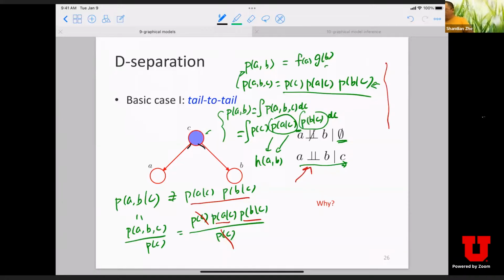From the graph, we can conclude that if we condition on nothing, A and B are dependent. However, if we condition on C, meaning that C is observed, then A and B are independent. We did some analysis to show why these are true.